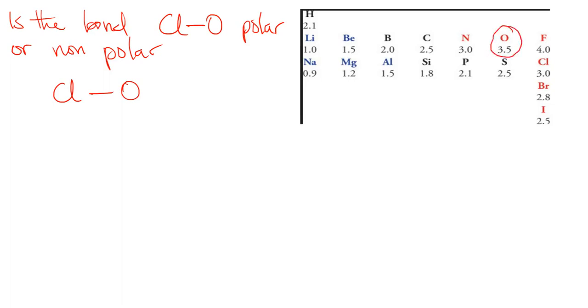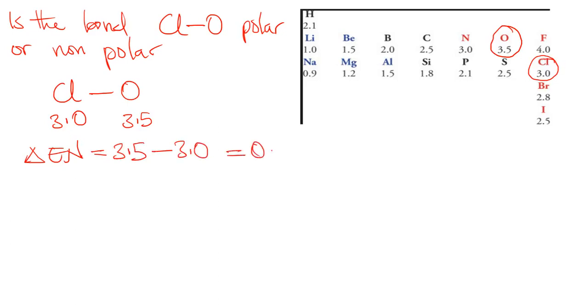What is the electronegativity of oxygen? It is 3.5. The electronegativity of chlorine is 3.0. So the change in electronegativity, you start with the big number, is 3.5 minus 3.0, which is 0.5.